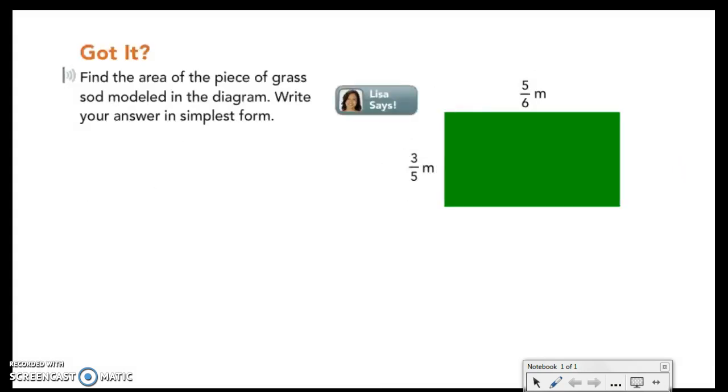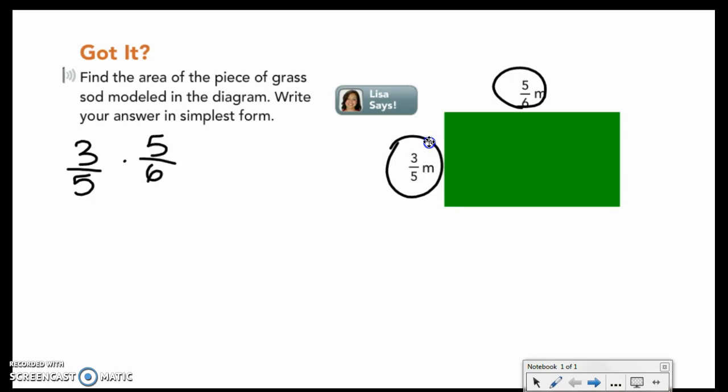Find the area of the piece of grass side modeled in the diagram. Write your answer in the simplest form. So, if you were to have two fractions like 3 fifths and 5 sixths, you can go ahead and write them out in the multiplication problem. 3 fifths times 5 sixths.